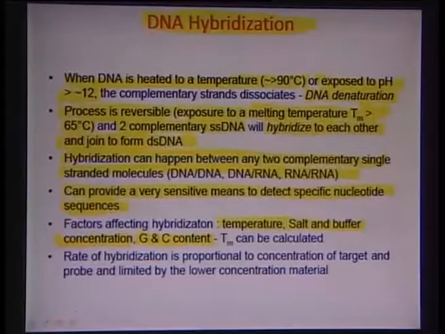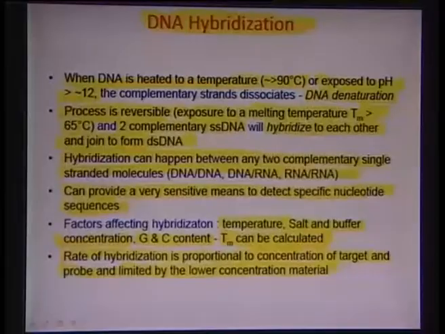Therefore, temperature, salt and buffer concentration, and the GC content can be critical for finding the hybridization rate and the melting characteristics of the target molecule. One more issue here is that the rate of hybridization has been found to be proportional to the concentration of the target and probe, and it is essentially limited by the concentration of the lower abundant material.